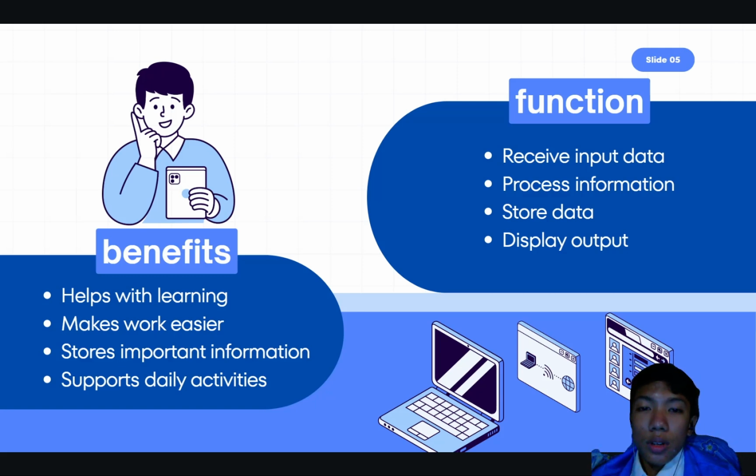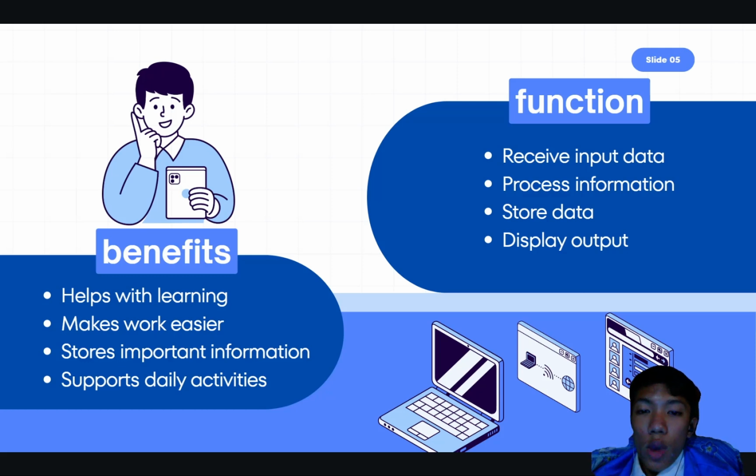In education, students learn more efficiently; it supports communication, stores important information, and makes work easier and faster. Today, hardware is used in schools, offices, hospitals, businesses, and many other places. They show how important computer hardware is in modern life.